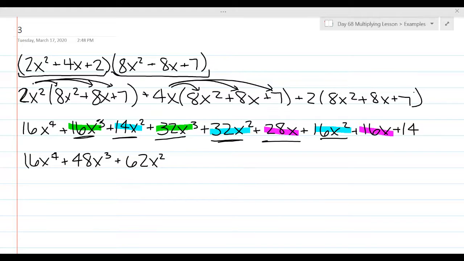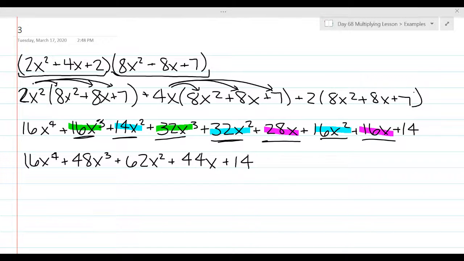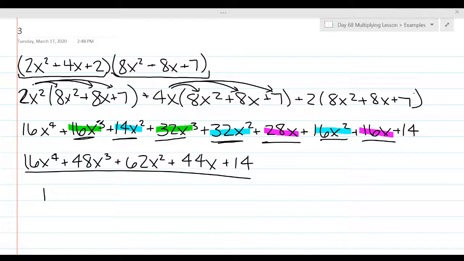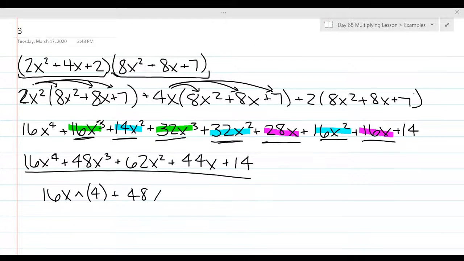And then we're going to add our purples. We got 28 plus 16, which is going to be 44x. And then the 14 just stays at the end. There's our answer.